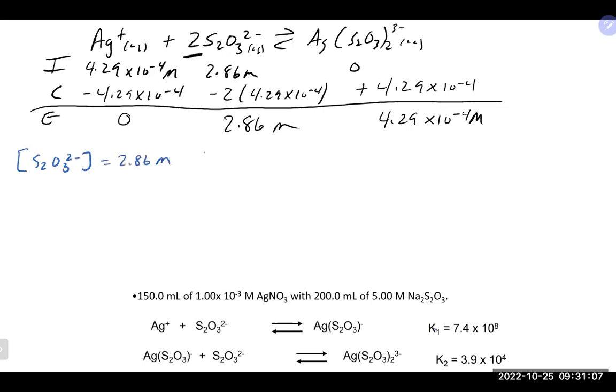We also have the concentration of our complex ion at equilibrium, which is 4.29 times 10 to the minus 4 molar. So we're really looking at this point for 2 other concentrations. We're looking for our intermediate, and we're also looking for the silver concentration.